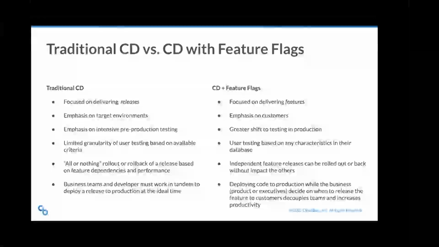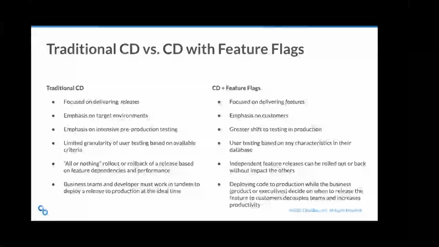And another challenge with CD is that there's an emphasis on intensive pre-production testing, as Nick highlighted earlier. Traditionally we try to do everything possible that we can before production to test, but that doesn't necessarily account for all real world cases. So with feature flags, we can start to test in production with guardrails.